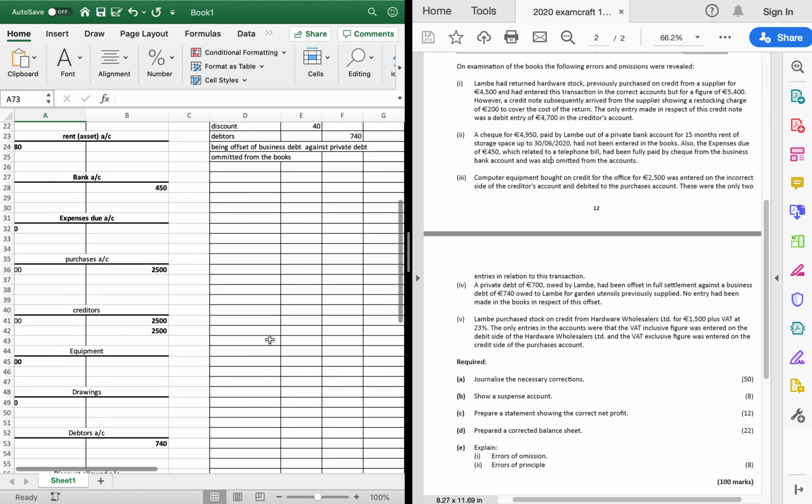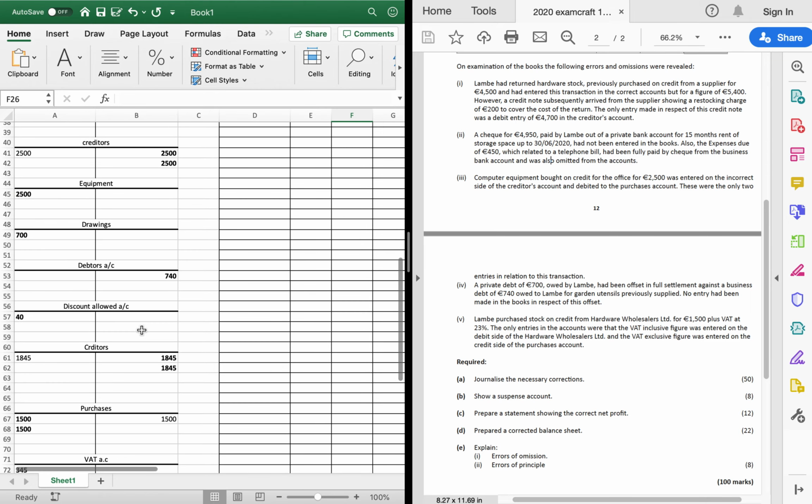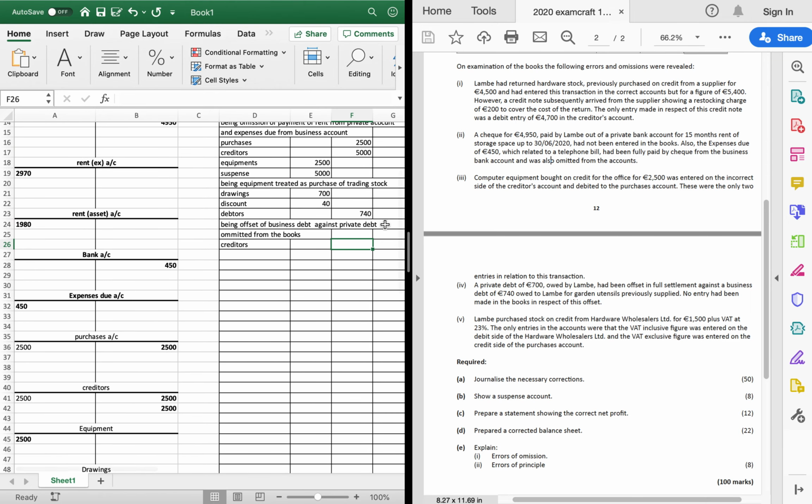So we've got creditors of 3,690. Yeah, 1,845 by 2 is 3,690. We'll have purchases of 3,000 to 1,500s, and then we'll have the VAT, which you'd left out, of 345.